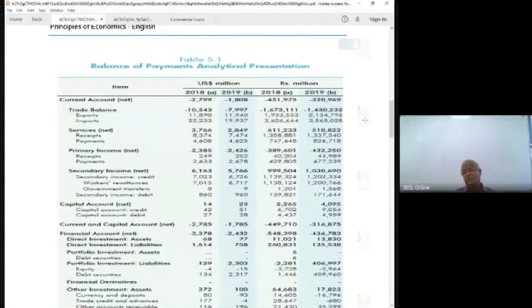Then Malaysia, in terms of US dollars and ringgit, right? Then the Eurozone, Germany, France, Italy, in US dollar terms and euro terms, compile the balance of payments. When you classify it, there is a very big standard BOP manual.